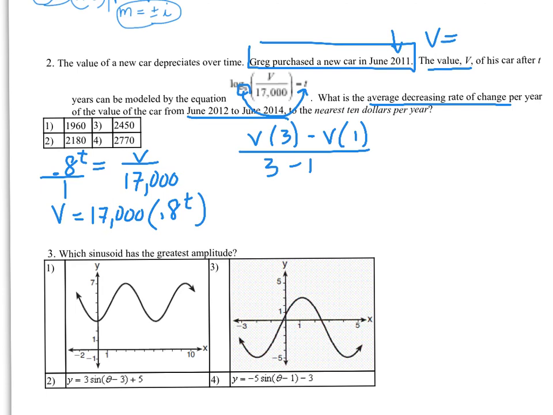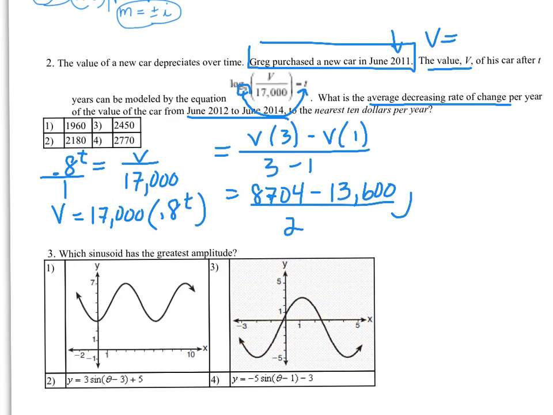Okay? All right. So when I plug in 3, that's my average rate of change here. I'm going to get 8,704 minus, and then when I plug in 1, I get 13,600. And that's going to be over 2.